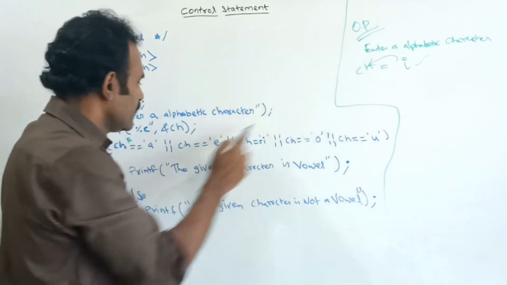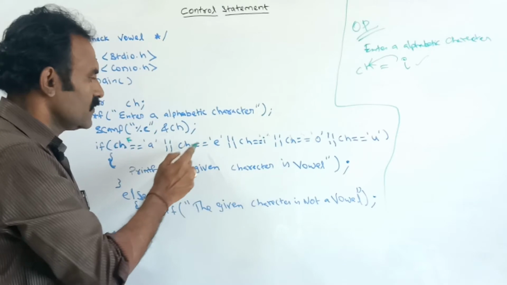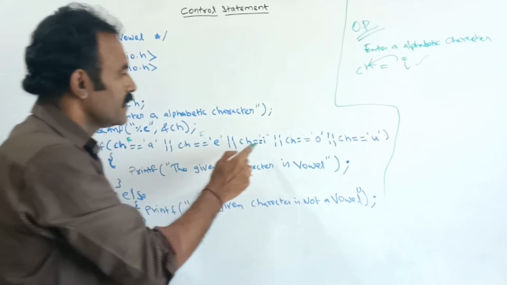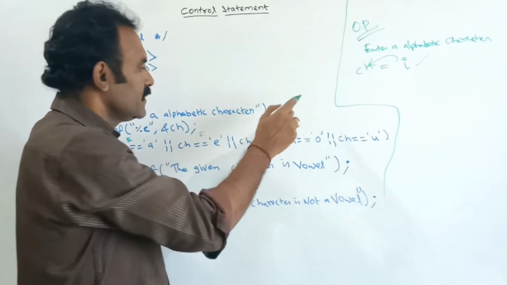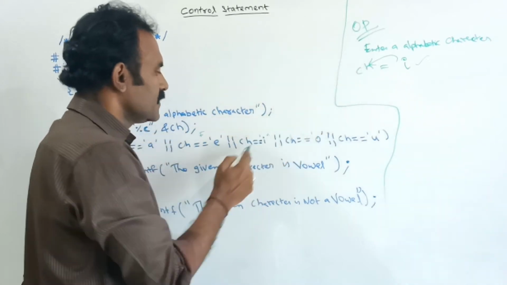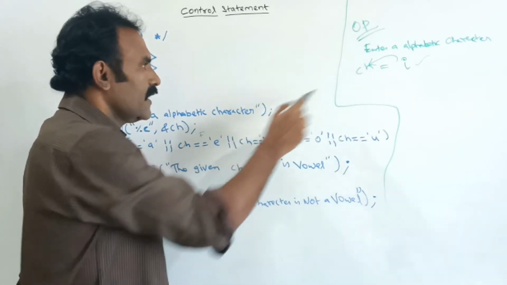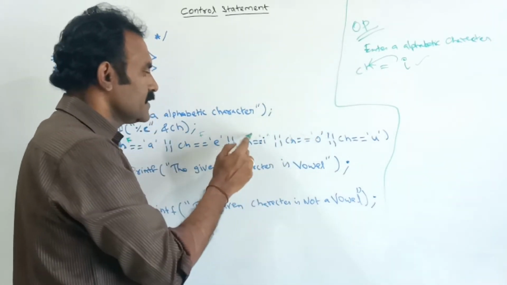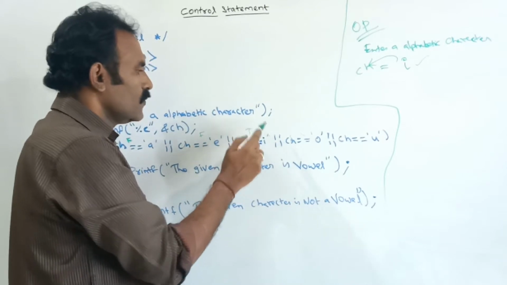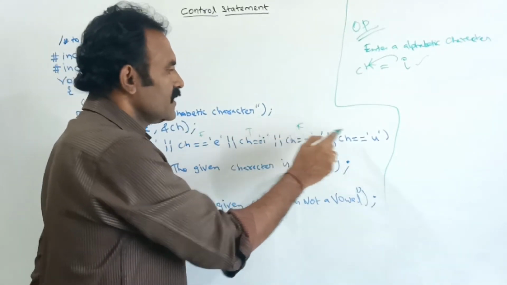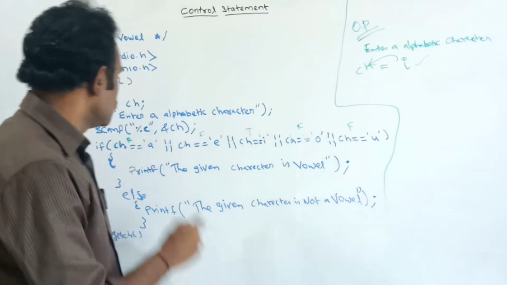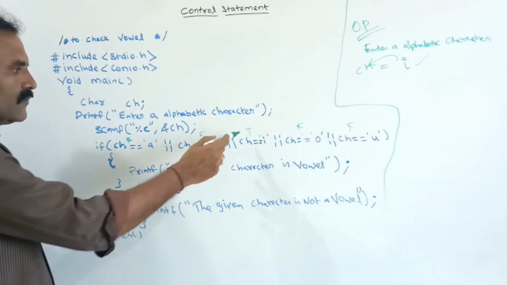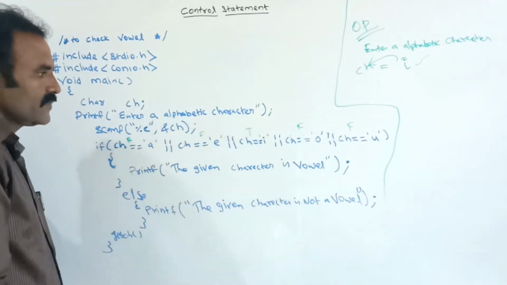In ch we have stored I, so this condition is also false. Third, in this condition it will check whether ch is equal to I. In ch I have stored I, so this condition is true. Here this condition is false, this condition is also false. Out of these 5 conditions, this one condition is true.